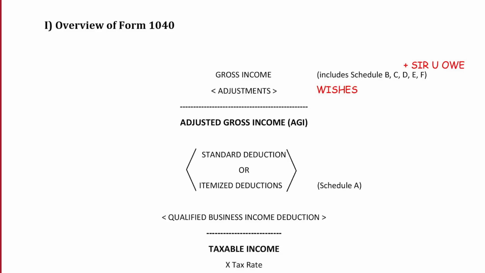From AGI, individuals can take a fixed dollar standard deduction or do itemized deductions on Schedule A. And our mnemonic for itemized deductions is Mike takes interest in charity and casual outings.